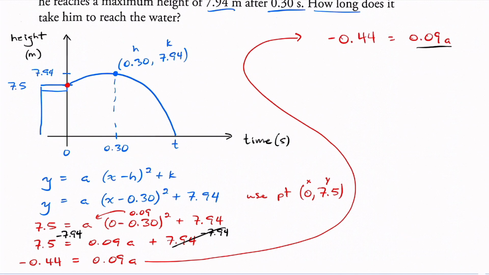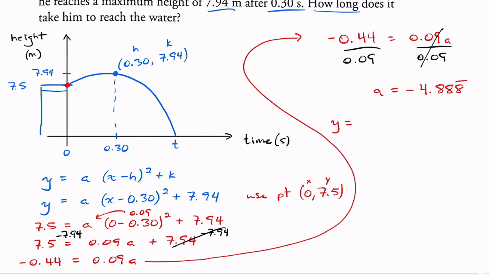So divide both sides by 0.09 to get those to cancel. I've got to do it on the other side too. And then I get a is equal to negative 4.888, and the 8's just keep repeating. So now I know my function.